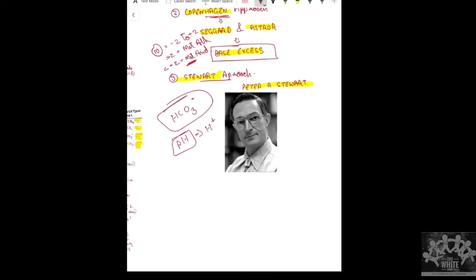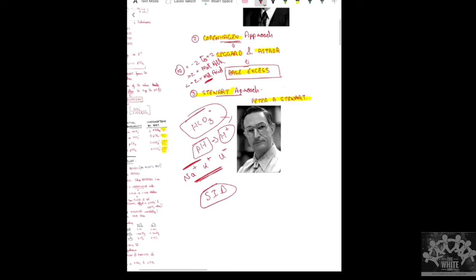The previous two approaches mainly deal with H plus and HCO3 minus, but other ions like Na plus, K plus, Cl minus, etc., also influence the pH, so he took these values into his approach. He called it the strong ion difference. We need not deal with it, because we'll use the traditional approach, the Boston approach.